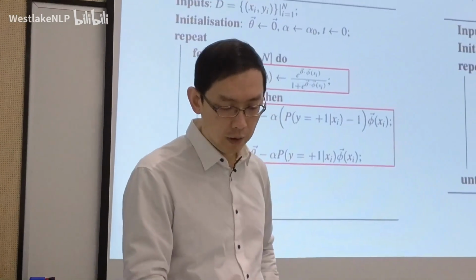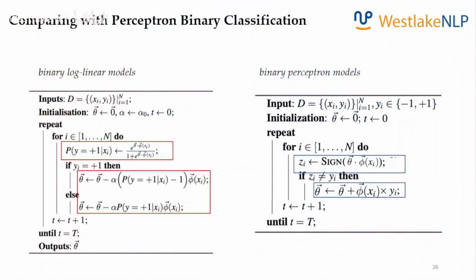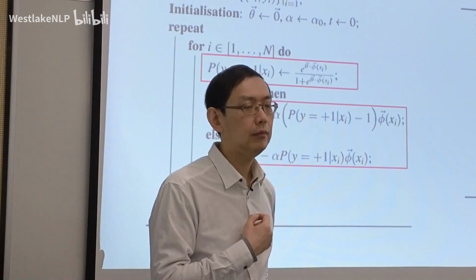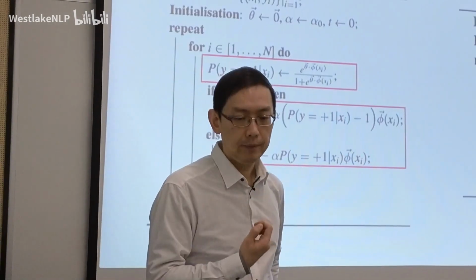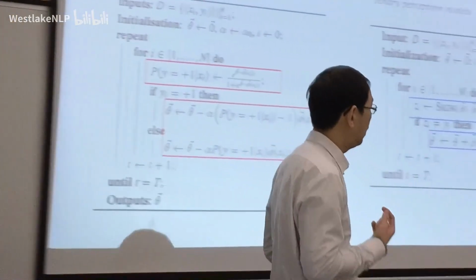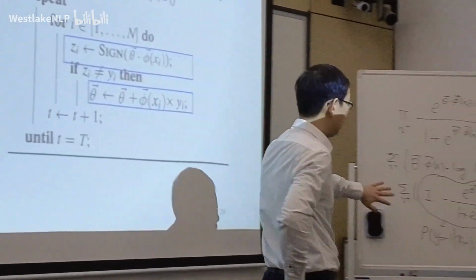But for our log linear model on the left-hand side, you see two differences. First, no matter whether your output is correct or incorrect, you do the update. What is the update? You have a weight on your feature vector.